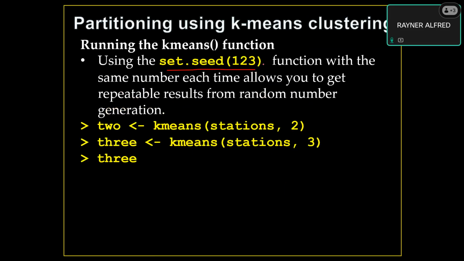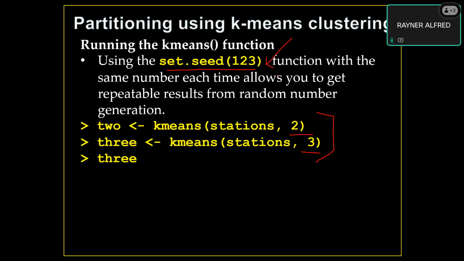Okay, this one is because in k-means clustering, we randomly pick the center, right? So this is for the 2 cluster, 3 clusters. We randomly pick the center, because sometimes we want to have the same center to fix them, so we can set them.